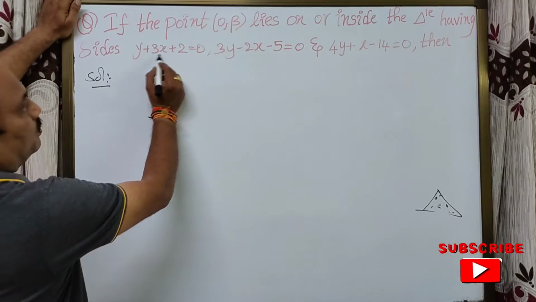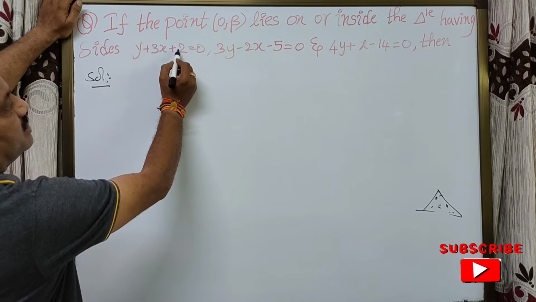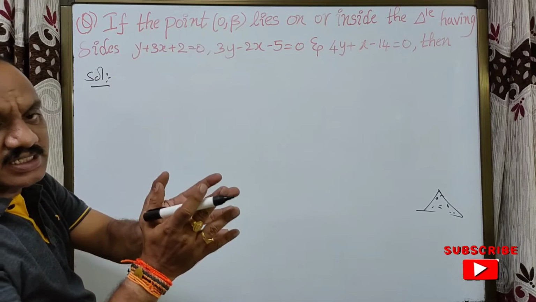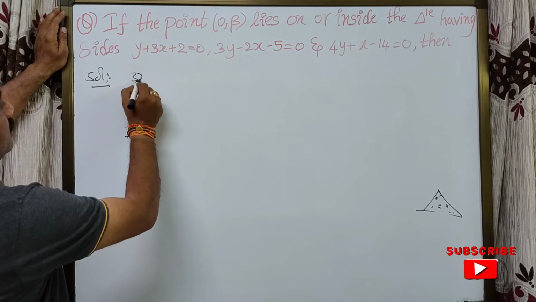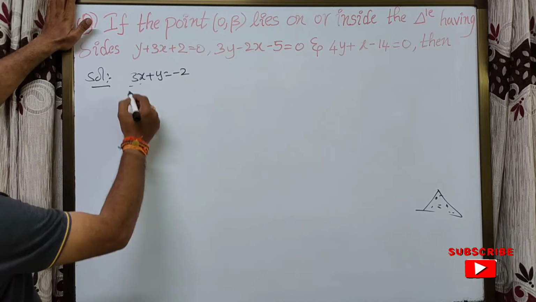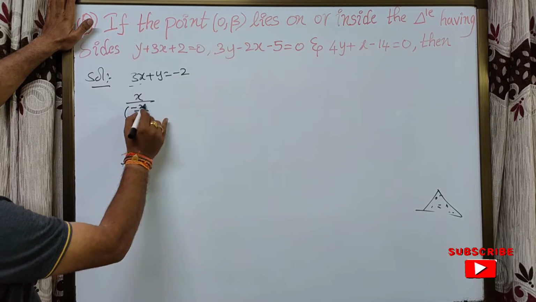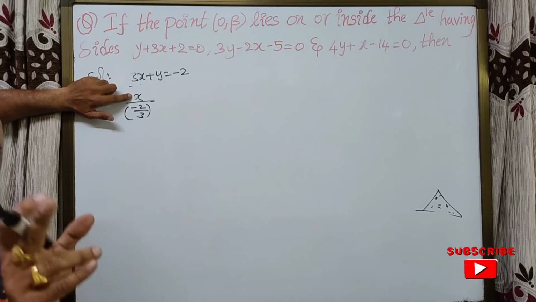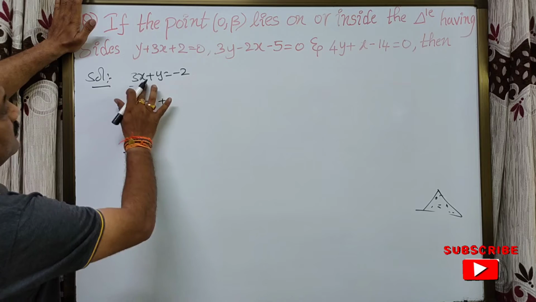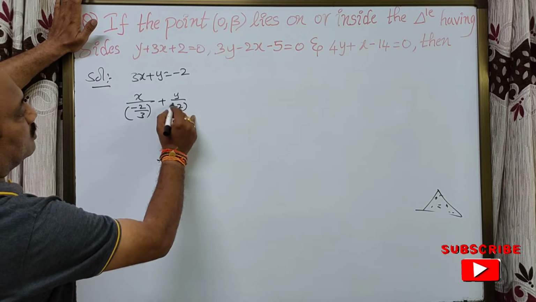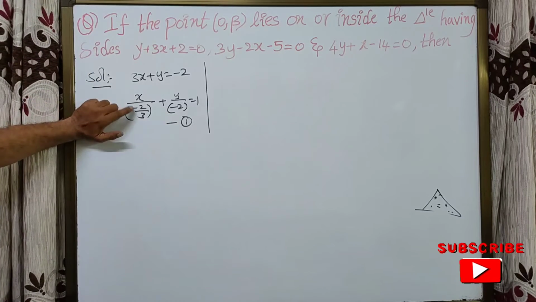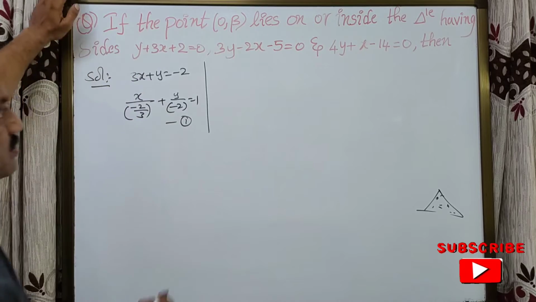To convert this into the intercept form, bring the constant to that side. Write in line order, that is first the x term and then the y term. See, 3x plus y equal to minus 2. Divided by minus 2: x by (minus 2 by 3), here the x coefficient should be 1 in the numerator, plus y by minus 2 equal to 1. This is the first line's intercept form. X intercept minus 2 by 3, y intercept minus 2.